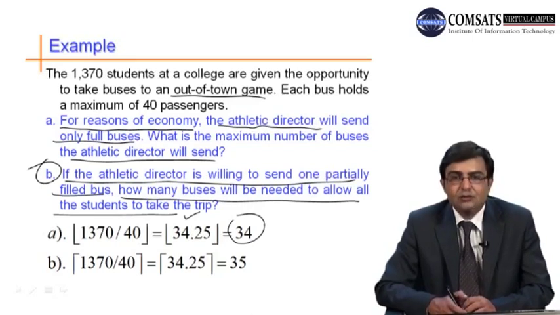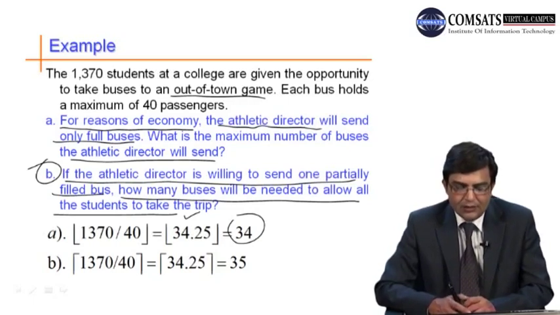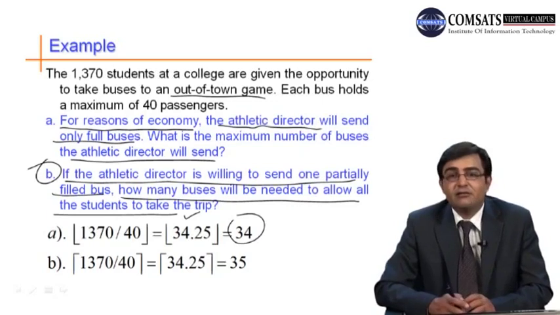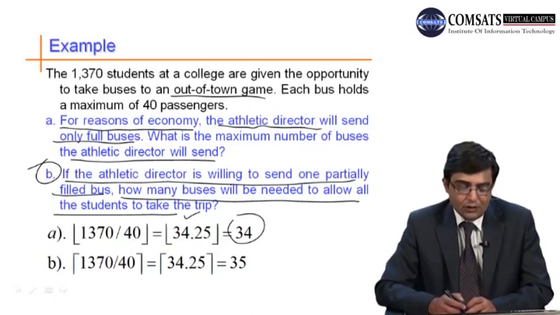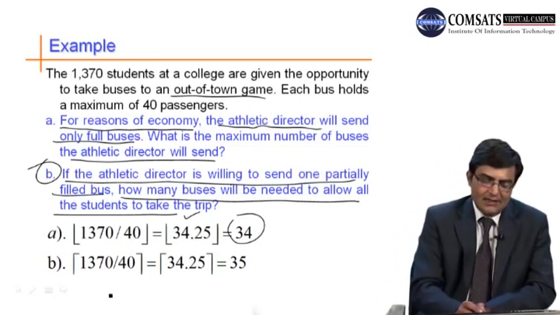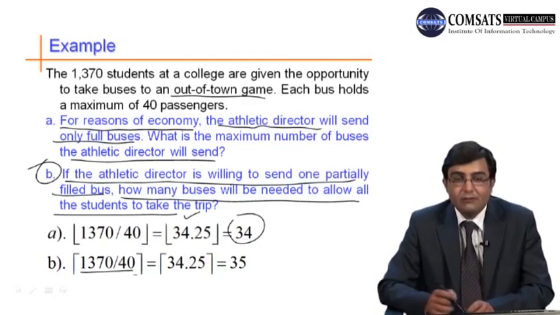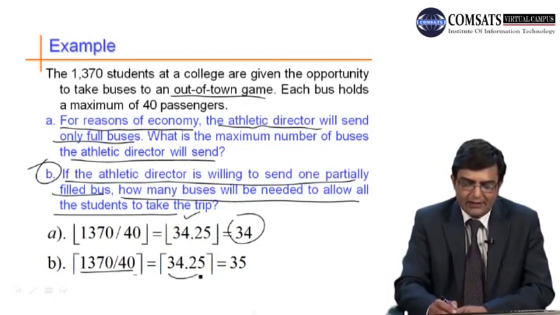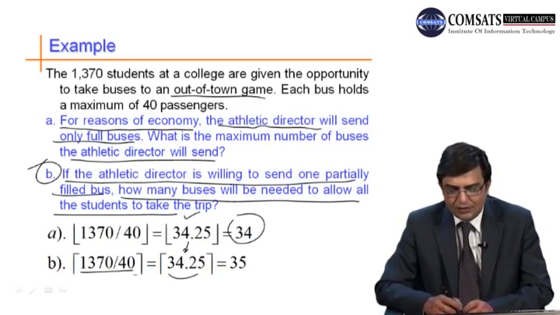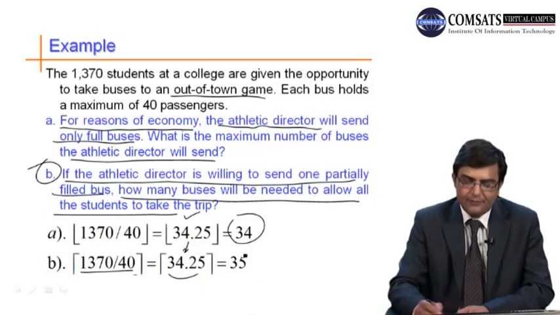We need to calculate how many buses are needed to take all students to the playground, wherever they want to go. So here we take the ceiling of 1370 divided by 40. 1370 divided by 40 is 34.25, again the same, but here we take the ceiling of this number. We can easily calculate that the ceiling of this number is 35.